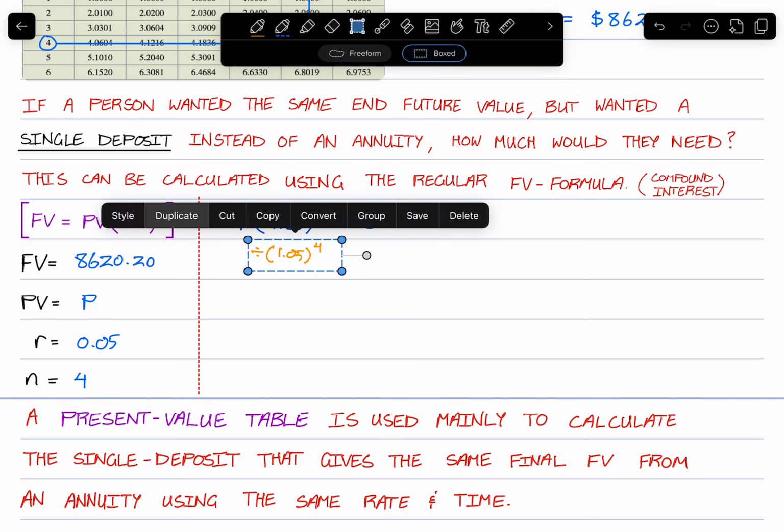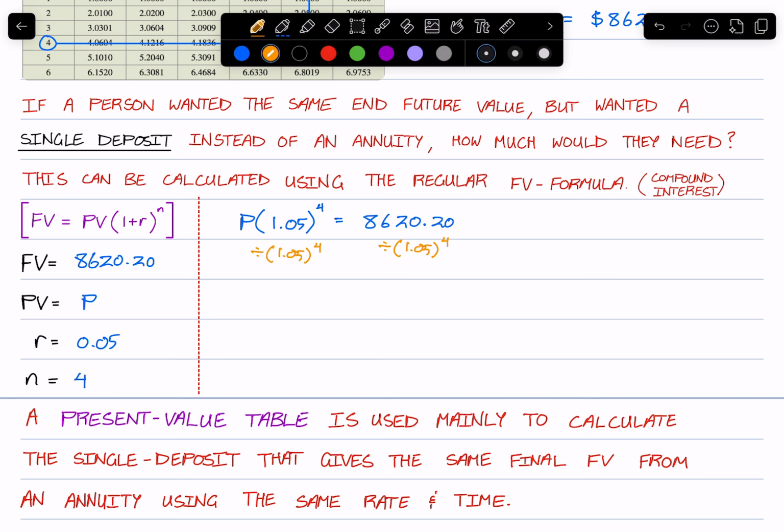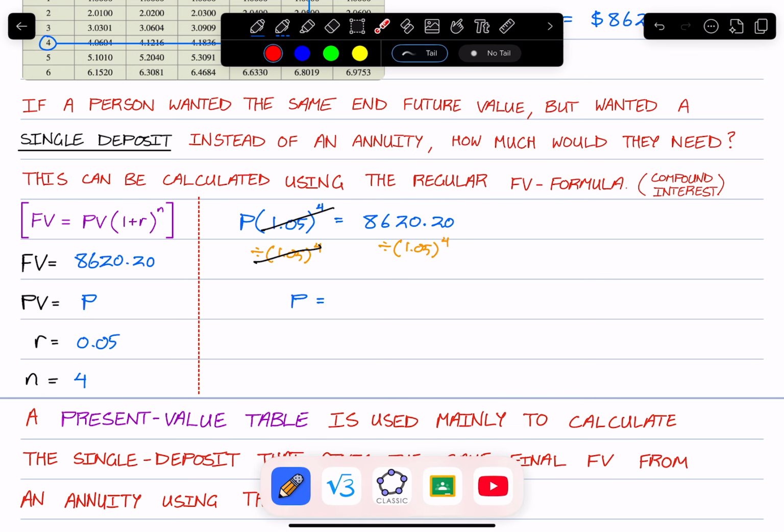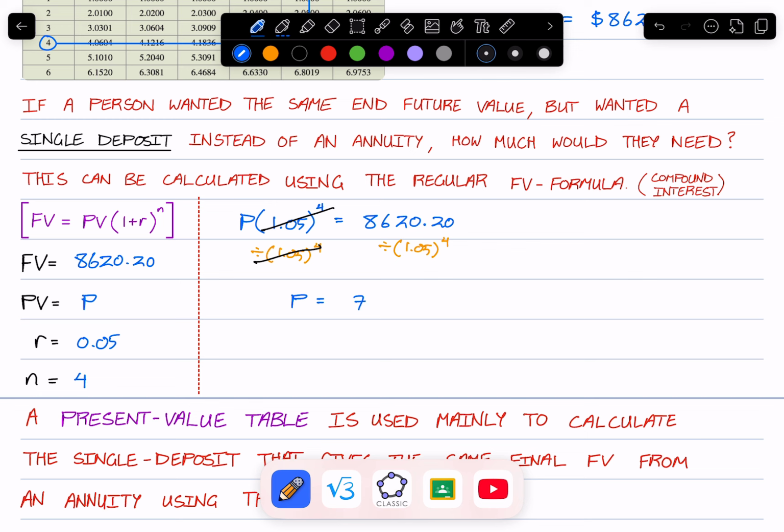Dividing both sides by that number, we'll cancel out these two, leaving us with P on its own, and we just type this into our calculator. Okay, so 8620.20 divided by brackets 1.05 to the power of 4. This gives us $7,691.86.